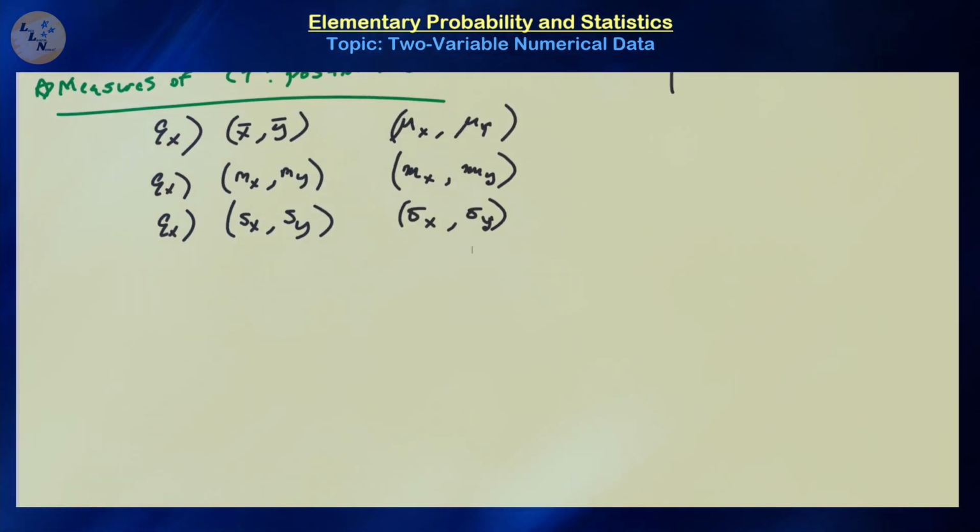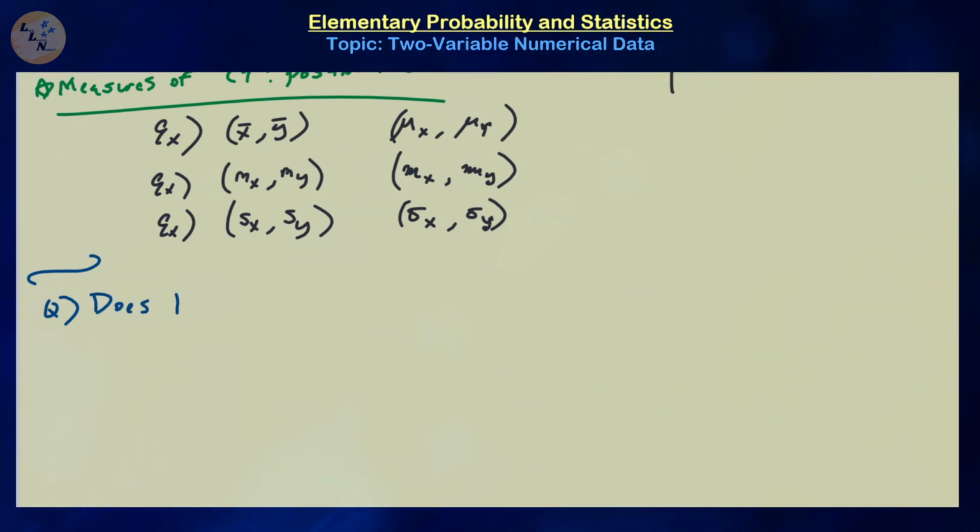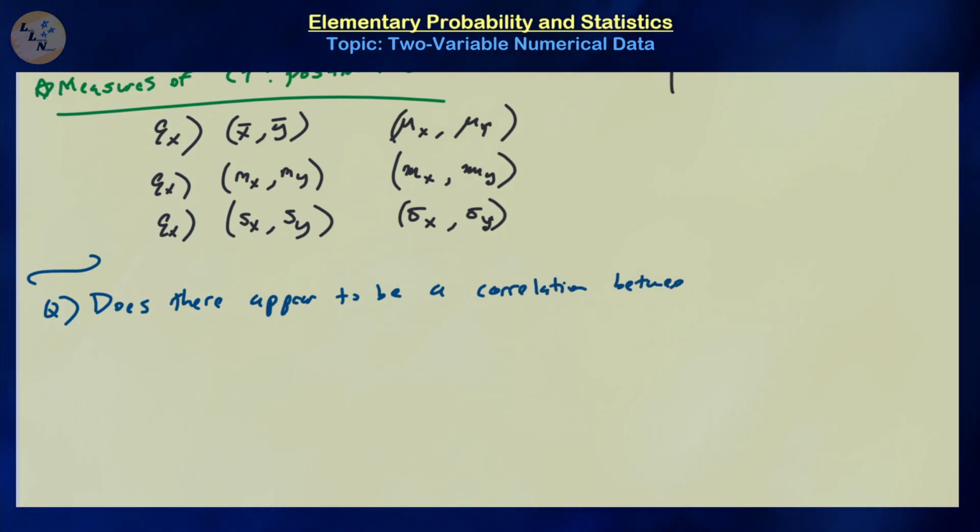So let's start talking about some questions that are natural that we ask about two-dimensional sets that we usually don't ask about one-dimensional data sets. So the very first one is this: does there appear to be a correlation between all of the x values, which I'm going to call capital X, and all of the y values, which I'm going to call capital Y?